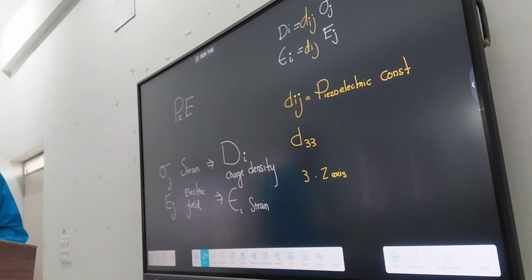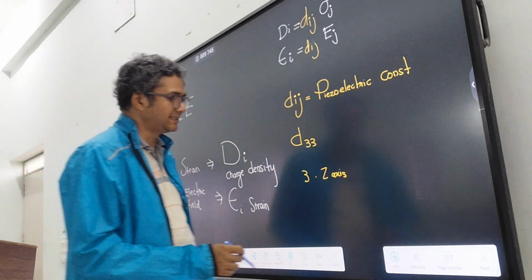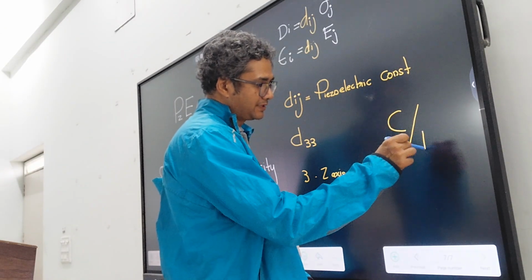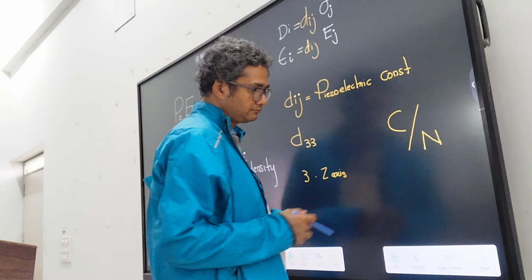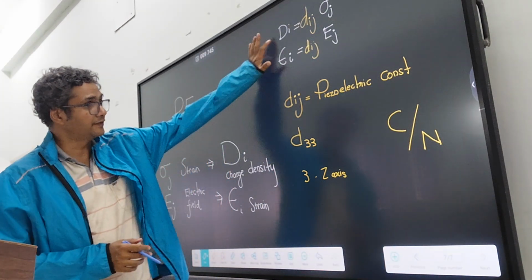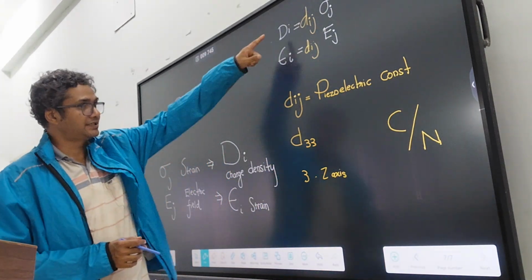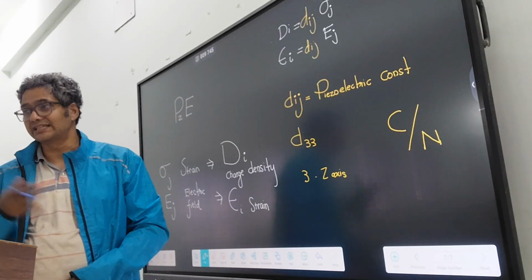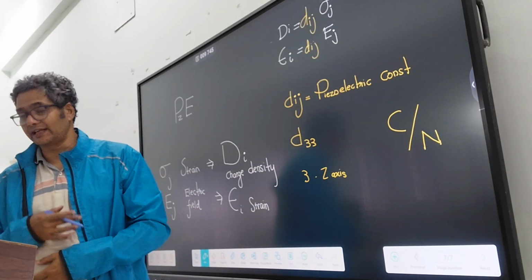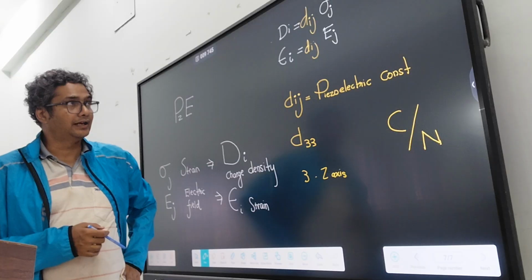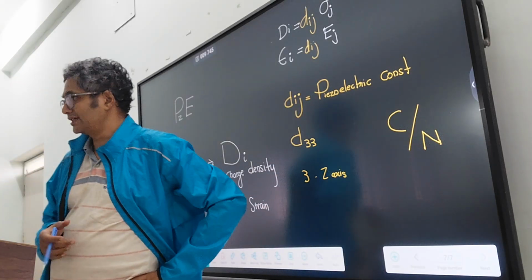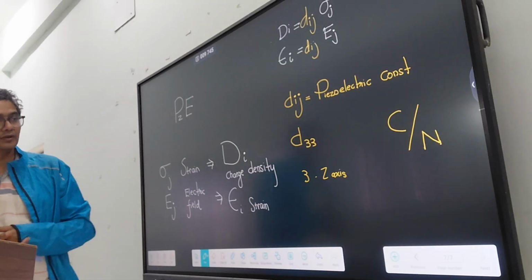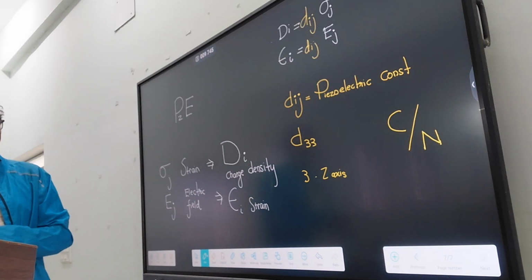Its unit is coulomb per Newton. If you look at the first equation, this is charge density, and charge is coulomb. Charge density means the area is divided out, and sigma is the stress, force in Newton per meter square, so that cancels. It is coulomb per Newton in the first case.